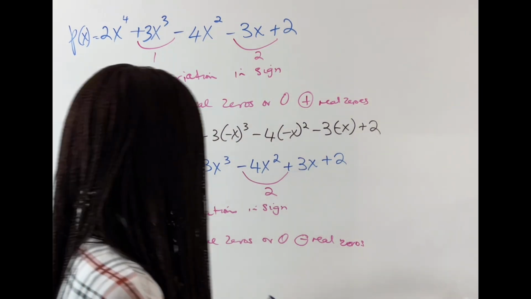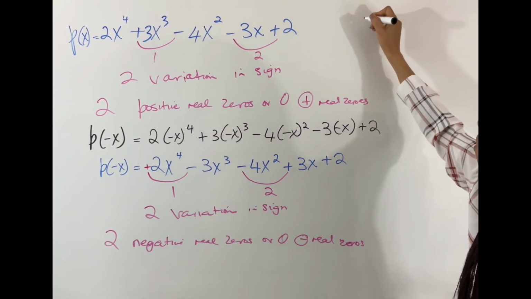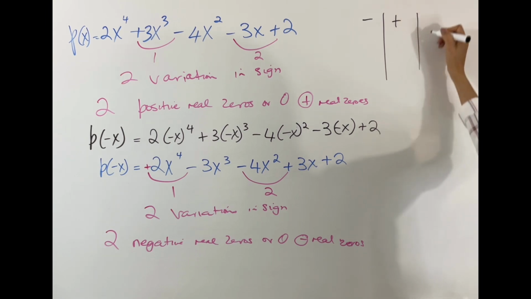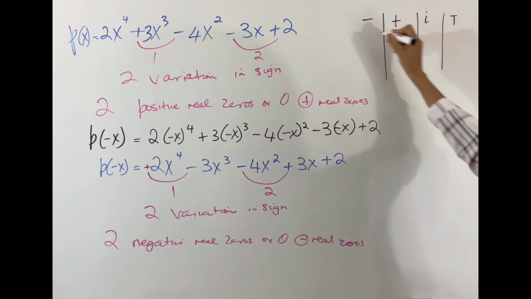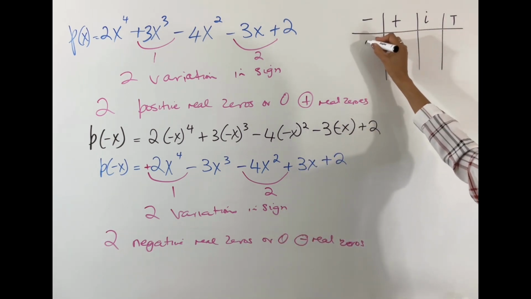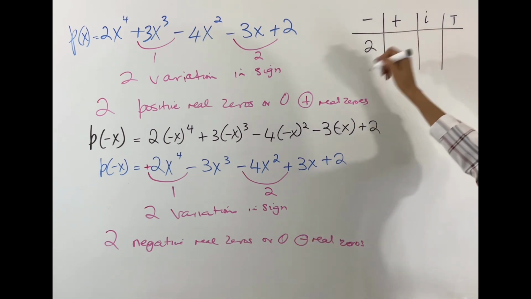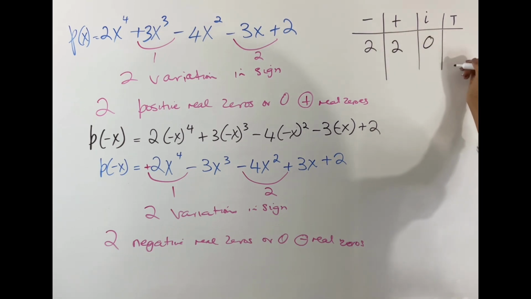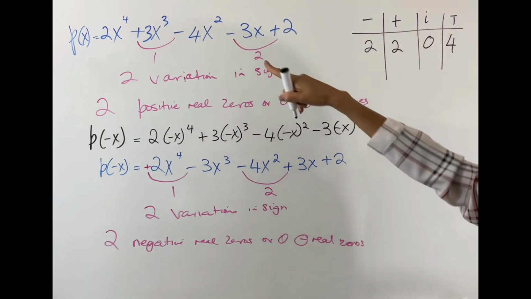And so let's do our column. With our column, we have our negative, our positive, our complex numbers, and our total. So we have two negative, and we also have a possibility of two positive. Then we will end up with 0 complex numbers because our total number of zeros must be 4.